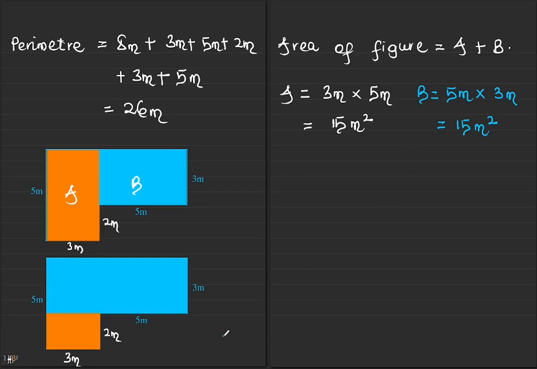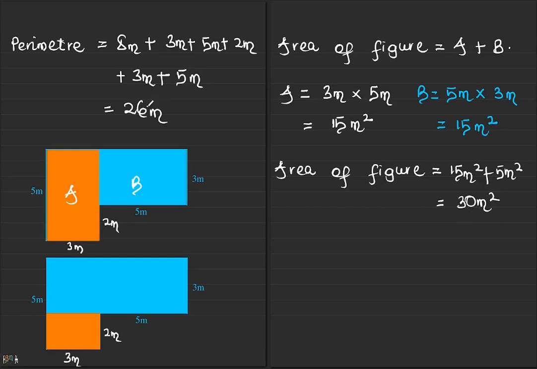So with this, we will then say the area of the figure is then equal to a 15 meter squared plus 15 meter squared, which gives us a 30 meter squared. That is the area of this figure we see over here. Very simple, isn't it? So you take note of the unit of area. That of perimeter is just meters, but that of area is meter squared.